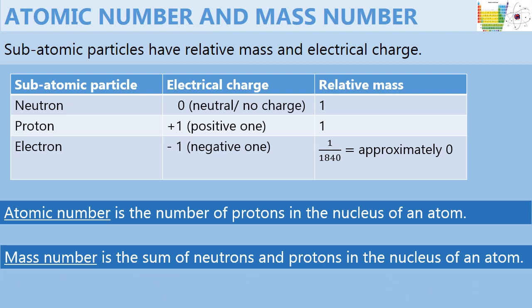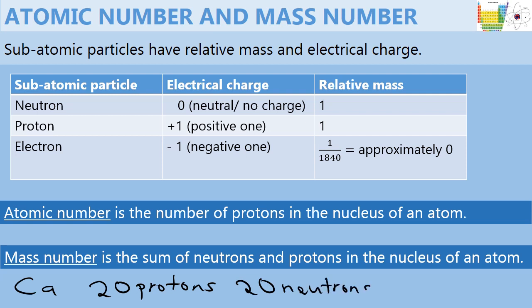Another example is calcium. It has 20 protons and 20 neutrons. Therefore, its mass number is 20 plus 20 to give us 40.